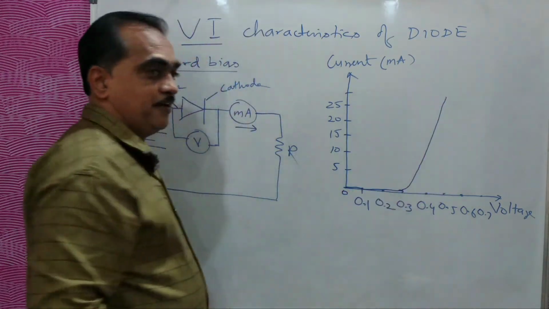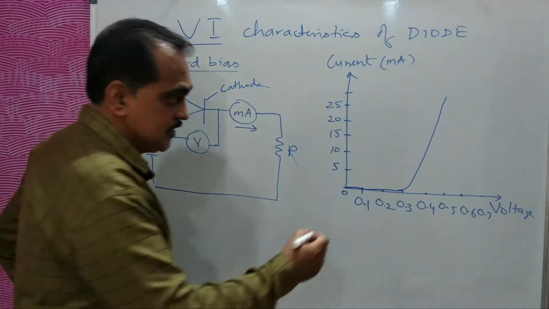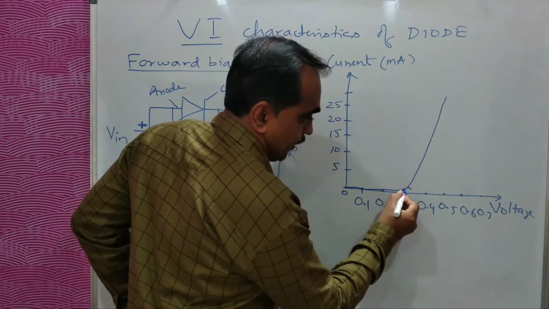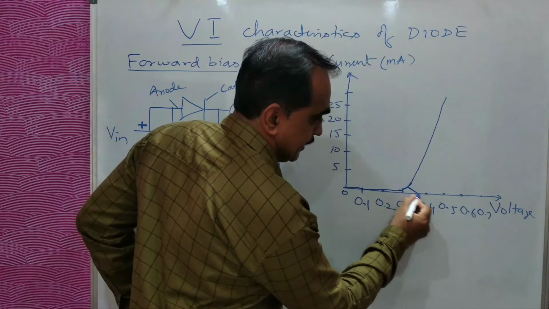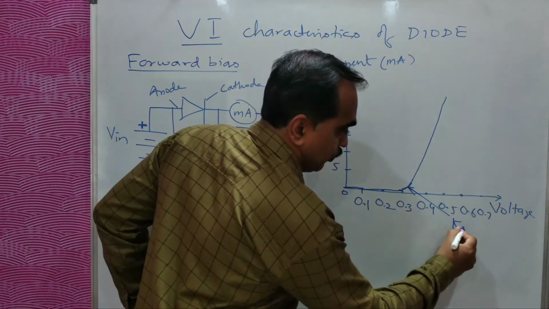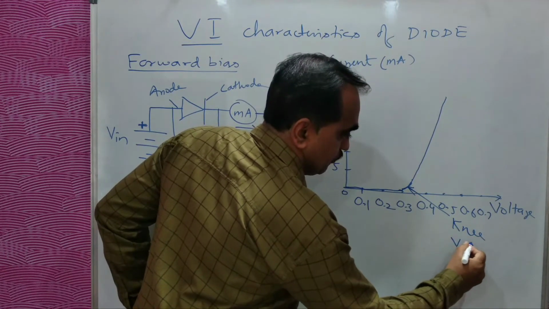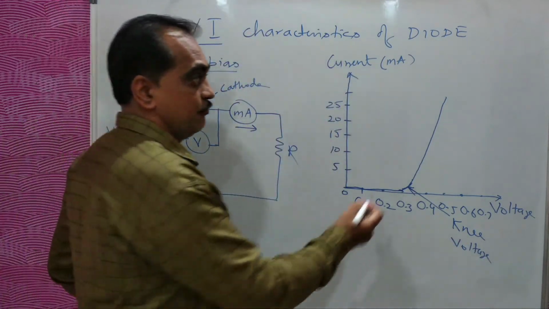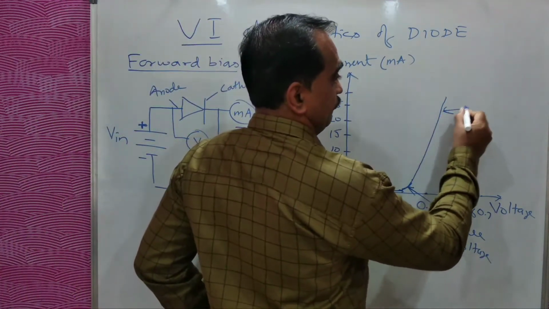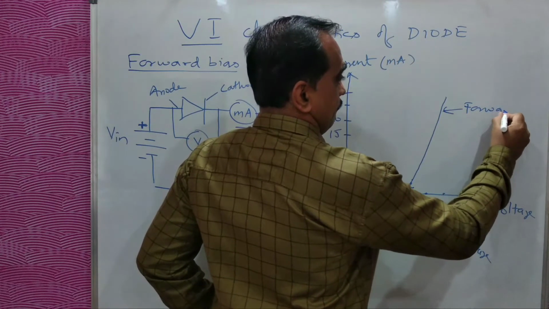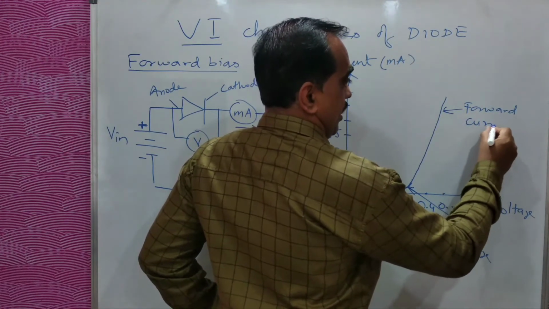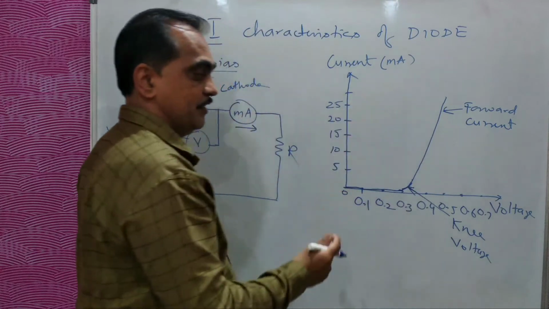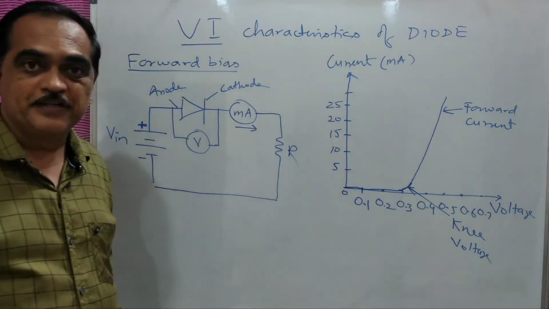Now this part where you bend like a knee, it is called as knee voltage. And this is forward bias. This is your forward current, which is rising for a little increase in voltage after that.